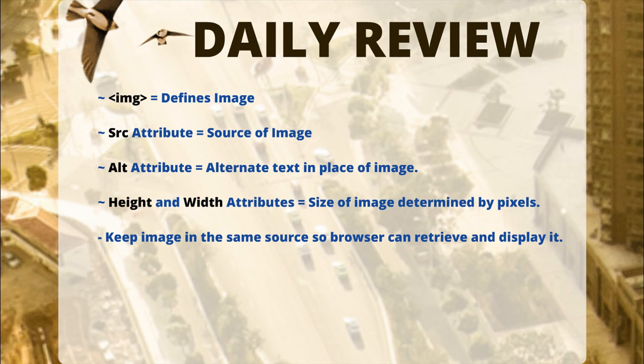The height and width attributes are the size of the image in pixels, and if you specify them, the page will load quickly. So specify the height and width attributes, and keep the image in the same source so the browser can retrieve and display it, so you don't get the broken link icon or have to use the alt attribute.